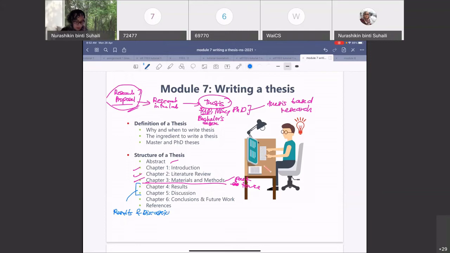For example, you have chapter 4 as the results and discussion. You combine it. It can be either way, okay. But the preferred way is results and discussion. I mean, you combine it, meaning that once you present the results, you discuss it directly, which is much easier actually for you and for the examiner.